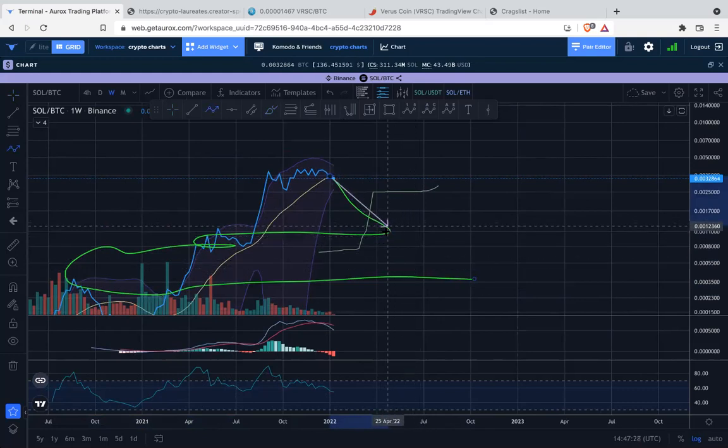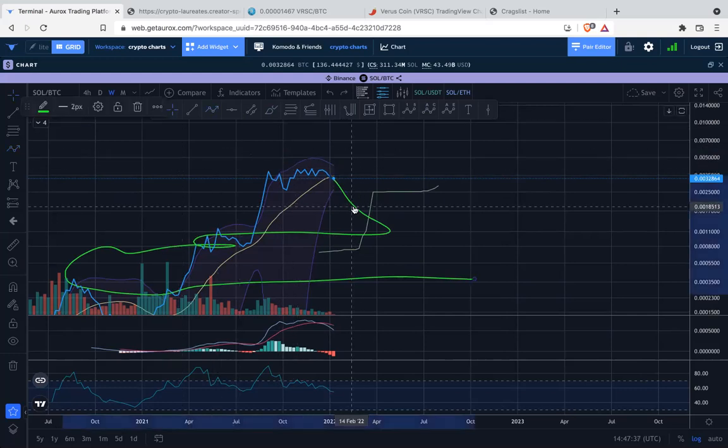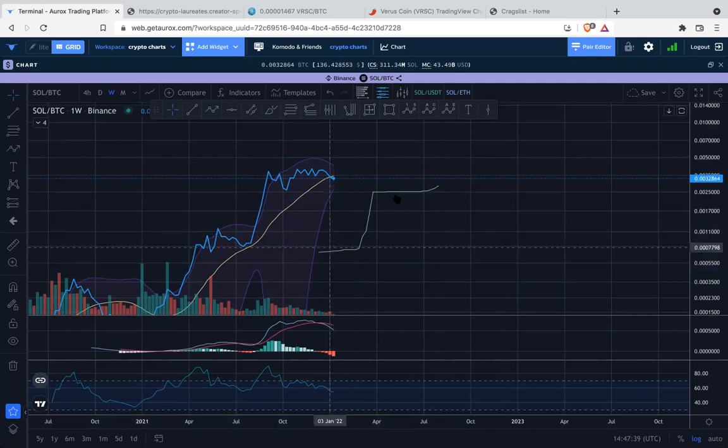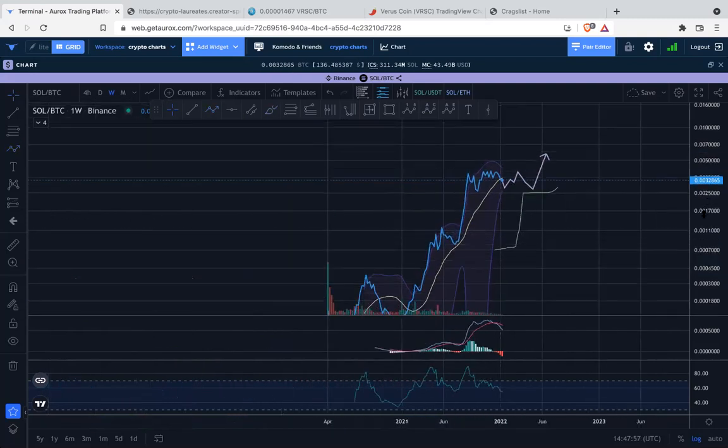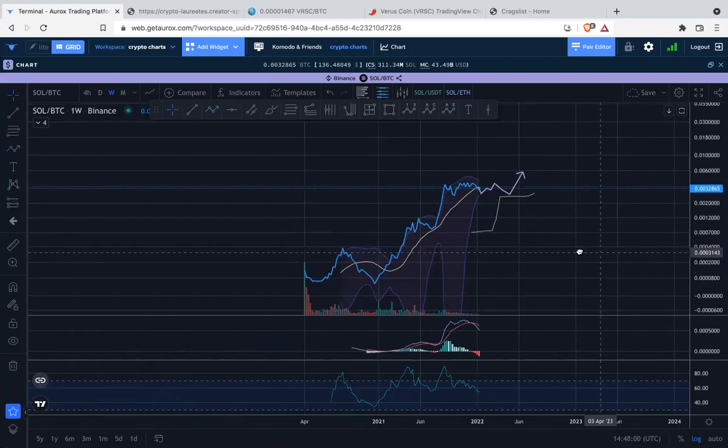The other option, apart from having some sort of bounce, is that the price does not go through the Ichimoku cloud that's building here and instead stays above it, with some sort of sideways consolidation. That very well could be happening. That's totally possible.